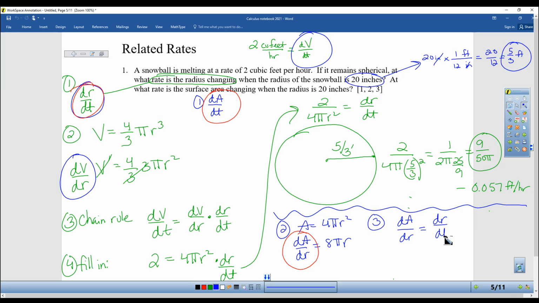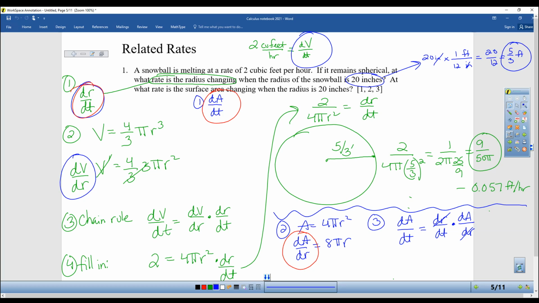So I have a dr dt, which is never going to happen. So I'm actually going to make this the dA dt, because that way the dt is on the bottom. And if I can just get dr to cancel, I'll be good. And can I do that? Yes, with dA dr. So dA dr times dr dt would reduce to dA dt.